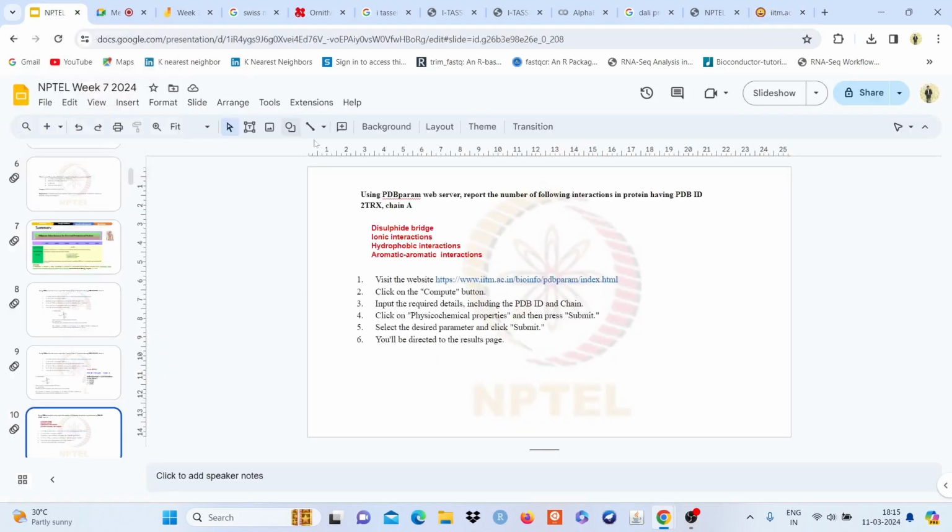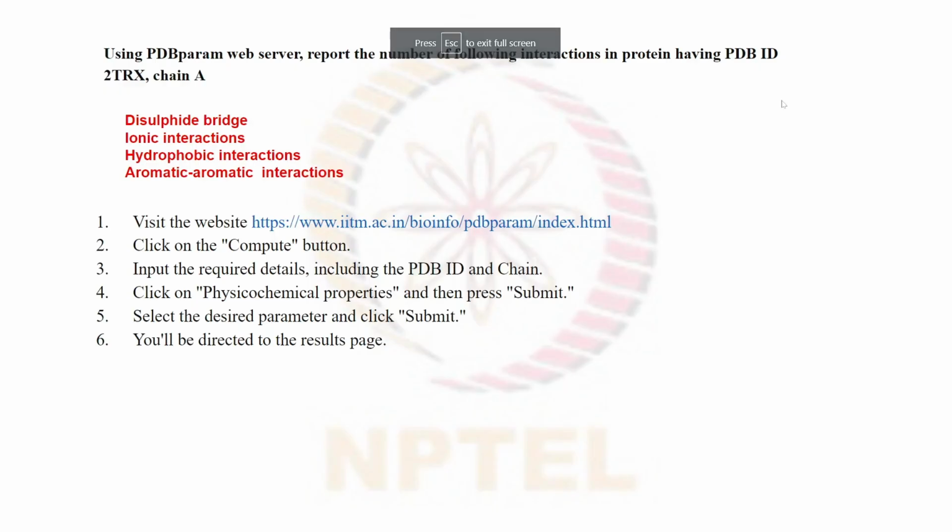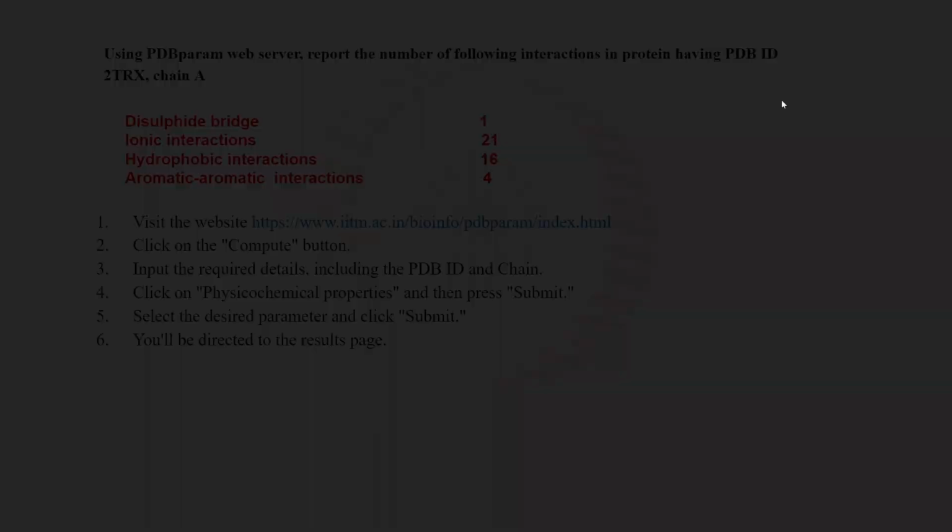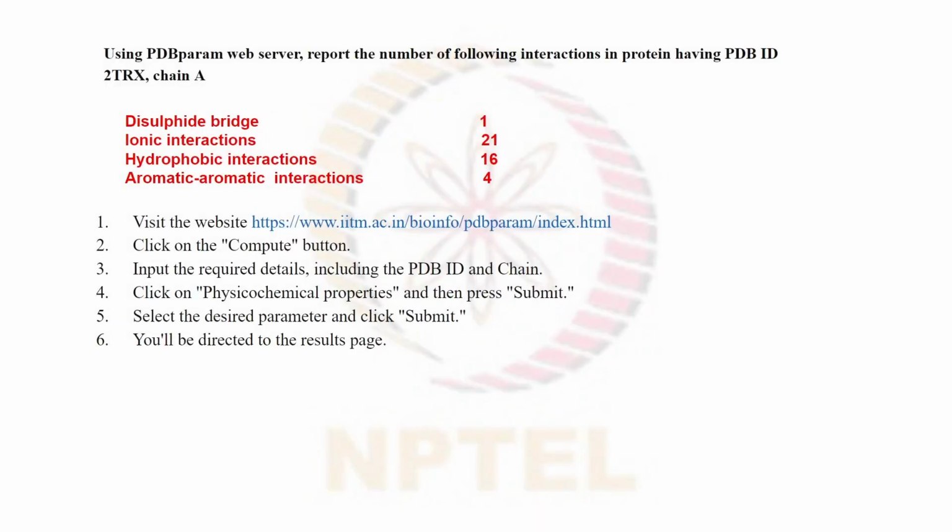This is how the number of non-covalent interactions present in a protein is identified using PDBparam. Here is the detailed number of interactions present in PDB ID 2TRX of chain A.